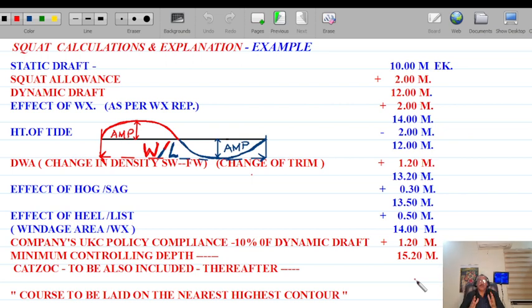So the courses which are to be laid by the second mate in consultation and conformance with the master shall always be above the 16 meter contours.